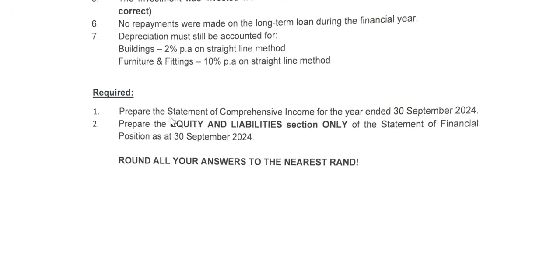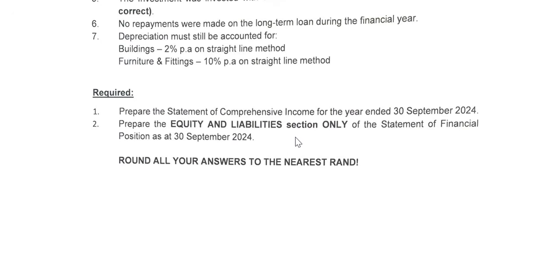Now they say prepare the statement of comprehensive income for the year ended 30th of September 2024. Number 2, this isn't a complete financial statement for the financial position, balance sheet. They only ask for the equity and liabilities section of the statement of financial position.